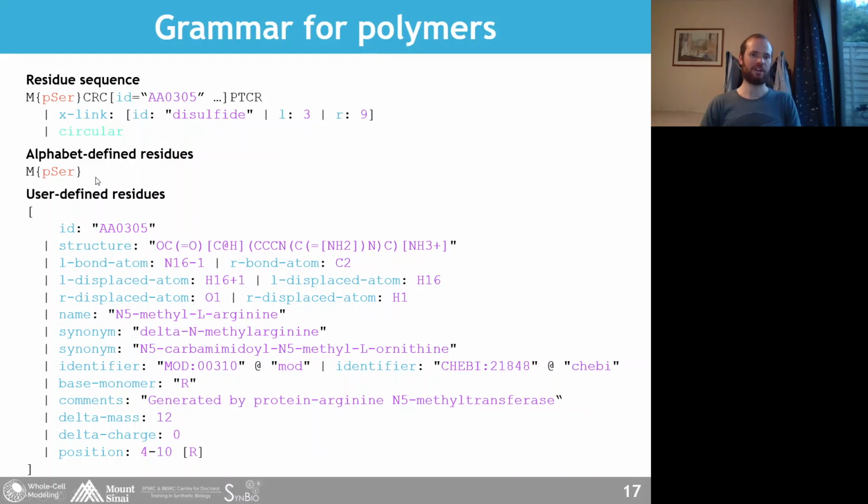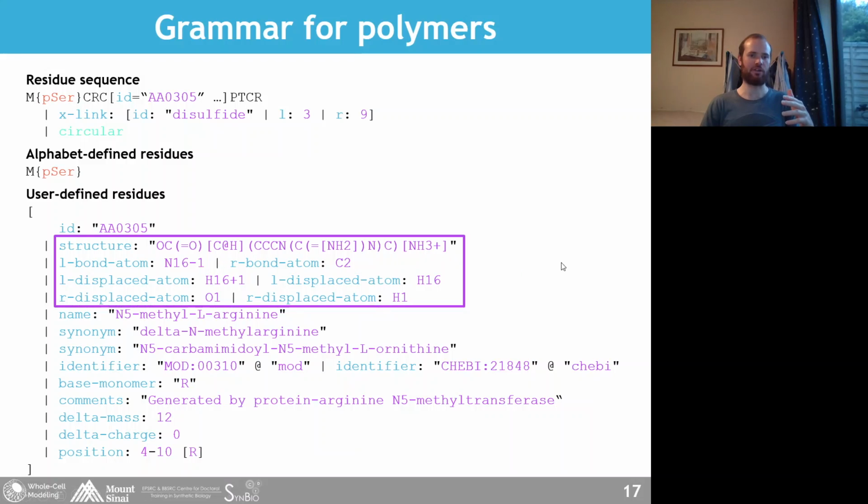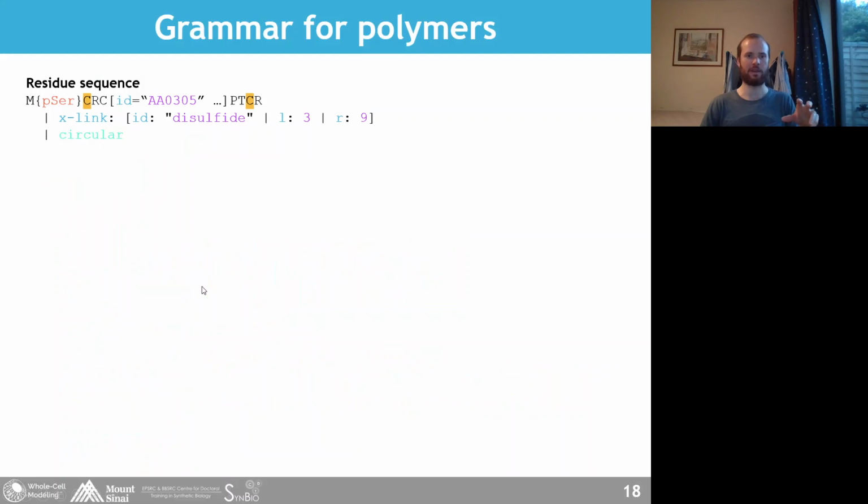We also see that if you don't find the residue of your interest in our predefined alphabet, you can define it yourself using square brackets. You just need to make sure that you describe the structure and also left bond atom, right bond atoms, and several displaced atoms.